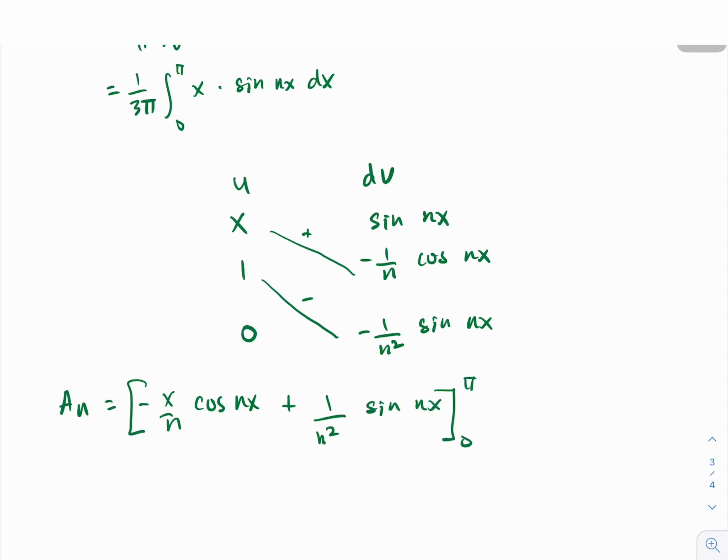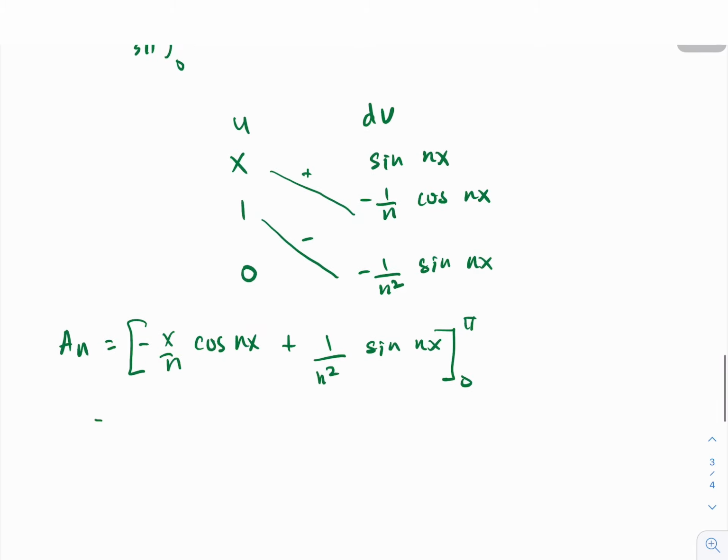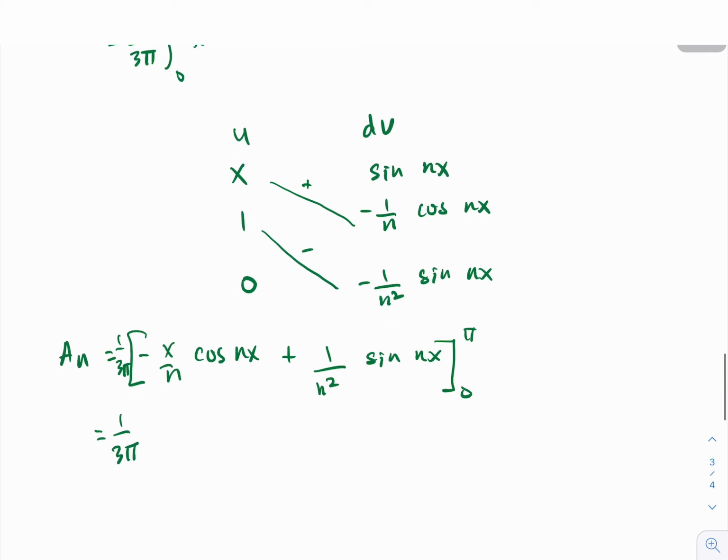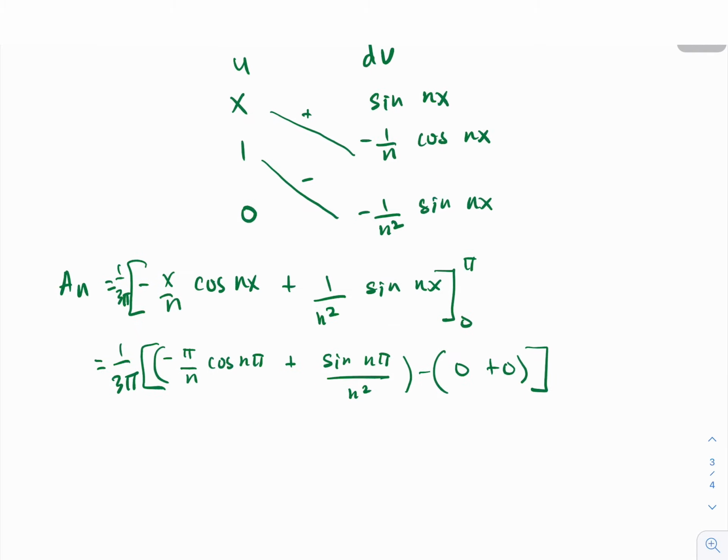So if we substitute the value, oh yeah, don't forget the 1 over 3 pi here. So 1 over 3 pi. This one also, sin n pi equals 0. So therefore we'll have negative cos n pi over 3n.